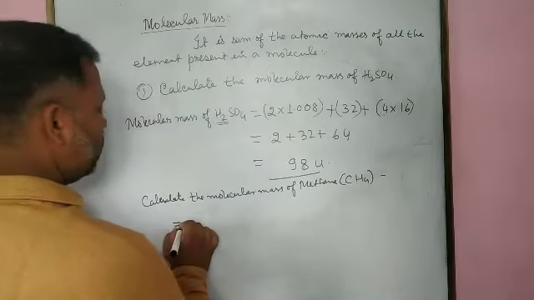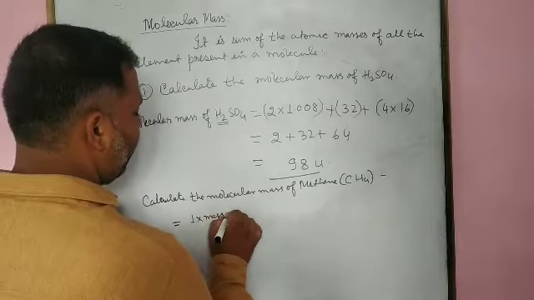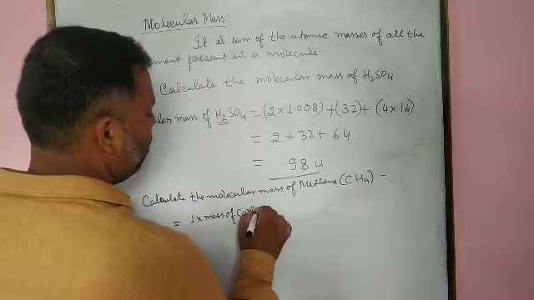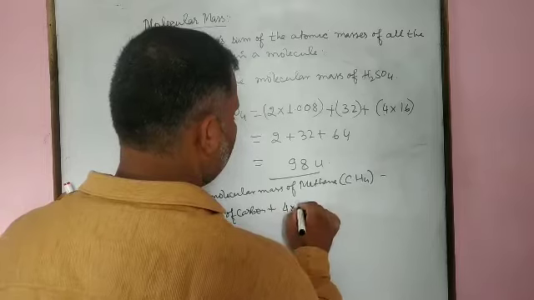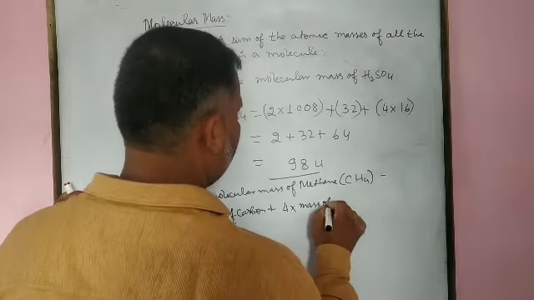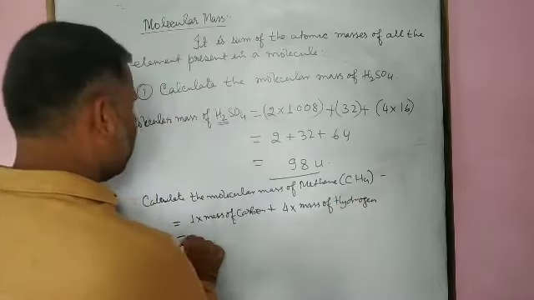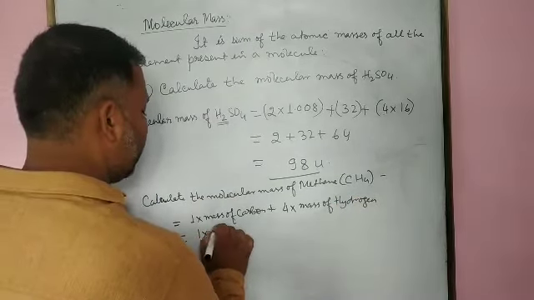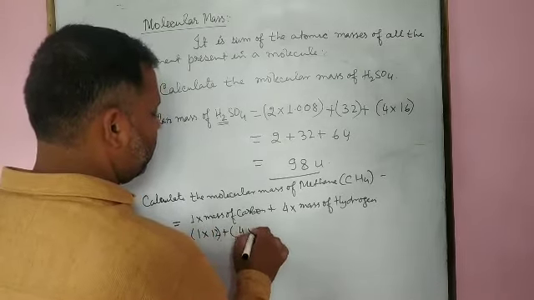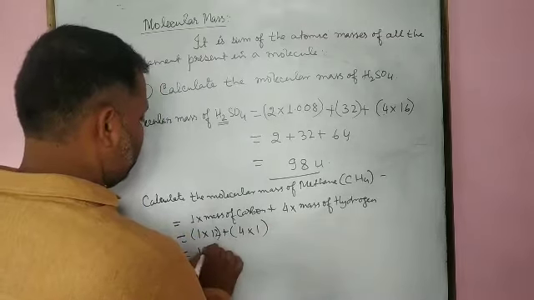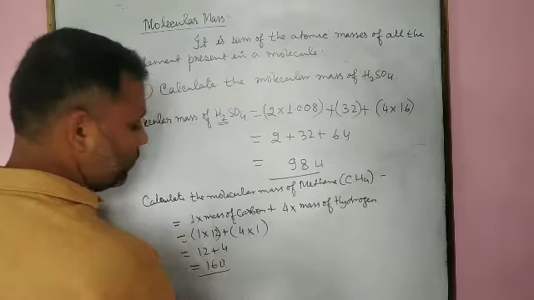It is equal to 1 into the mass of carbon, because it has one atom, plus 4 into the mass of hydrogen. What we got: 1 into 12 plus 4 into 1. 12 plus 4 is equal to 16. Clear?